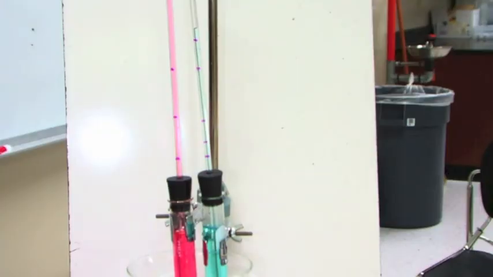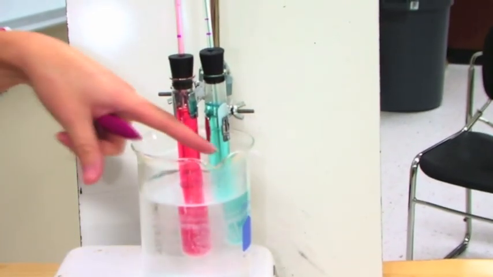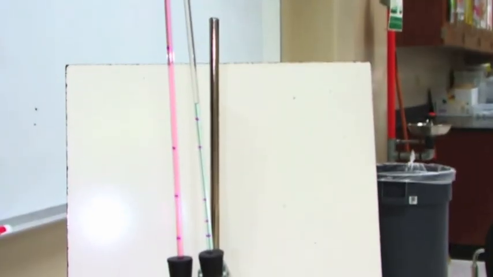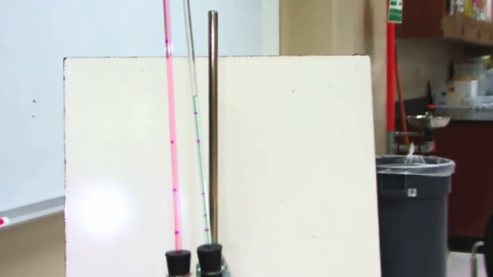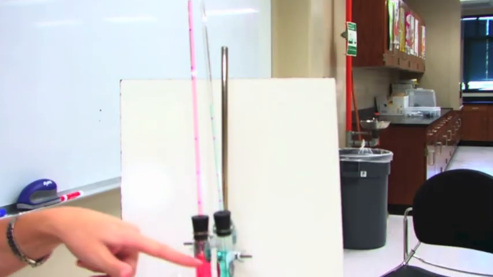I am giving both in this water bath. They're both getting the same amount of energy. They're in the same depth, so I'm essentially handing over the same amount of energy into both test tubes.